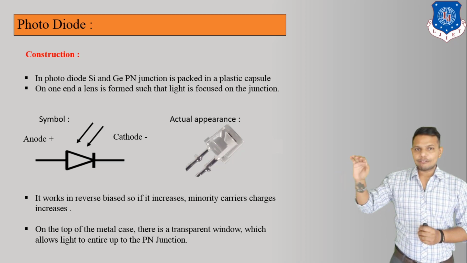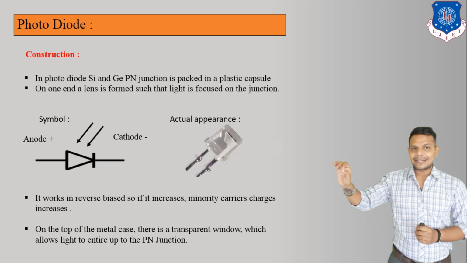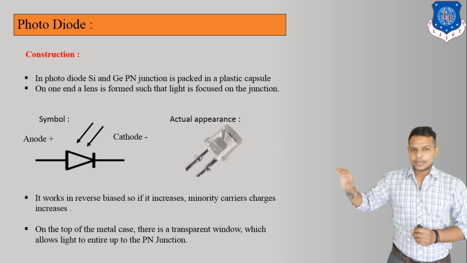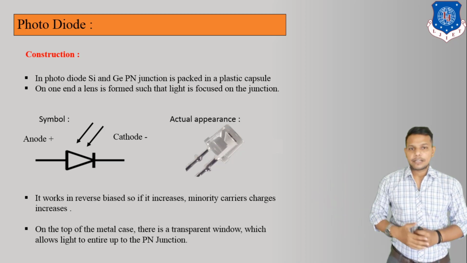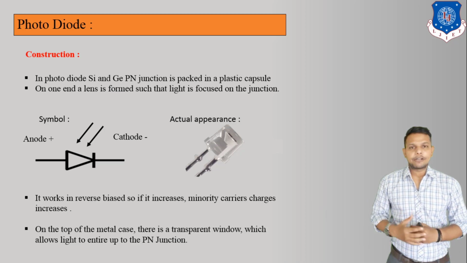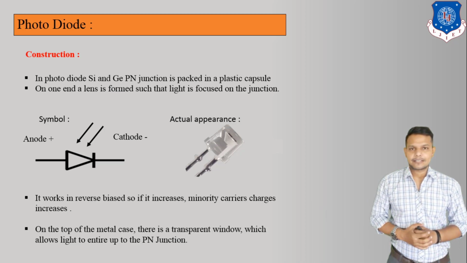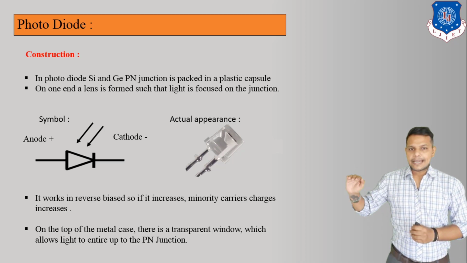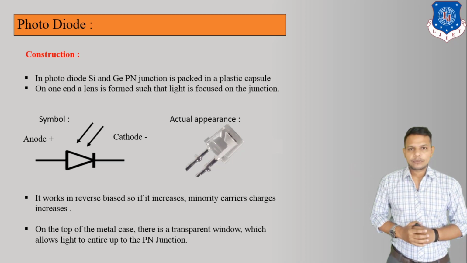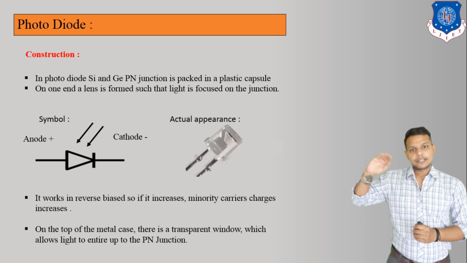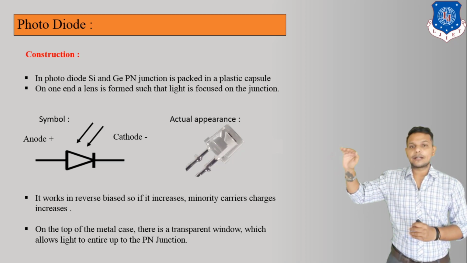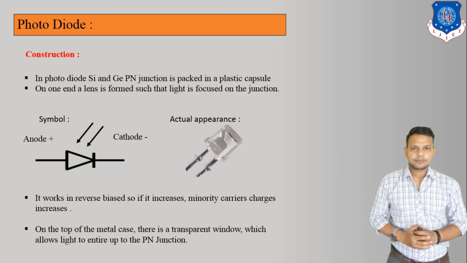One end of the lens is formed such that light is focused on the junction. So it works in reverse bias. If the light increases, minority carrier charges also increase. On the top of the metal case, there is a transparent window where light is striking, which allows light to enter up to the PN junction.